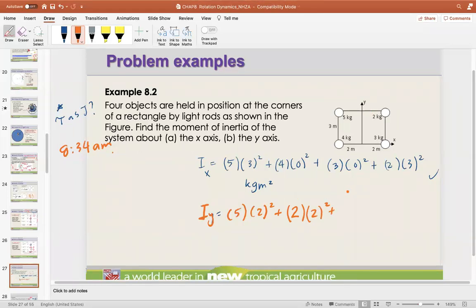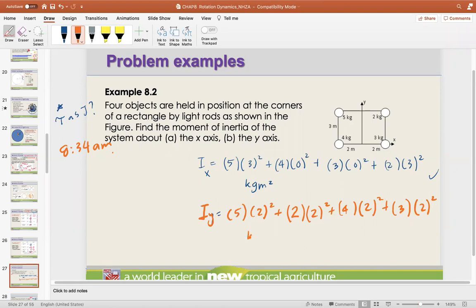Okay, betul je. Okay, and then plus 4 times 2 squared, plus 3 times 2 squared. Okay. So what's the unit untuk I, Saharul?